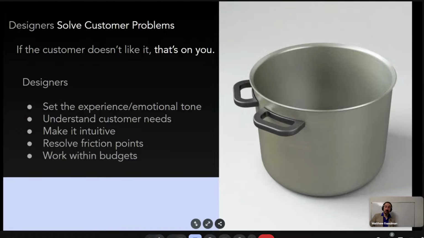So, designers solve customer problems. If the customer doesn't like it, that's on you. As a designer, you cannot point at a customer that's not having a good time and say, well, it's not what they do, or it's not that the product isn't for them. If there's feedback, you've got to be able to listen to it. Sometimes customers are expecting something completely different than what you're making.